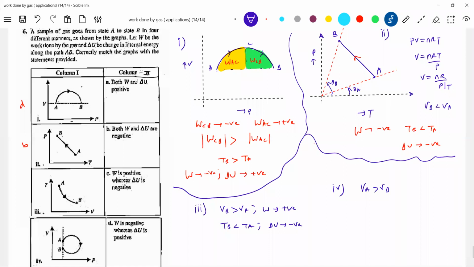As volume increases, temperature will increase. Okay, VB, final. VB less than VA. Then TB less than TA. So what we can write is, this will be B. What is the conclusion? W positive, delta U negative, no? W positive, delta U is negative. This is C.